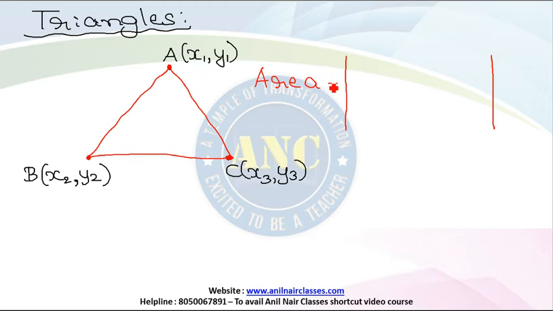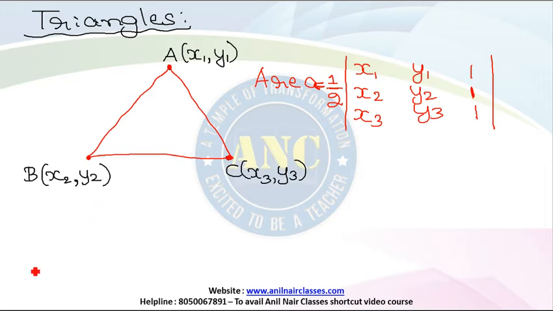Area of the triangle is 1 by 2 into the determinant, where the first row is x1, y1, 1, the second row is x2, y2, 1, and the third row is x3, y3, 1. That means if the coordinates of 3 points are given, this is how you find the area of the triangle.